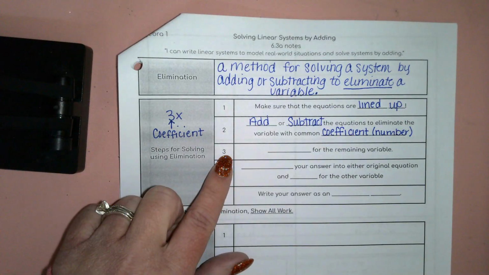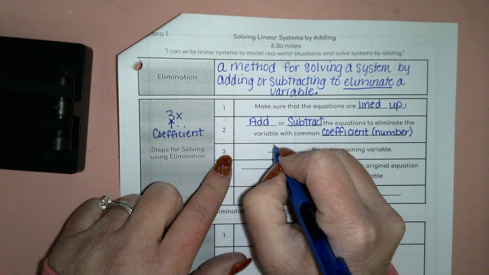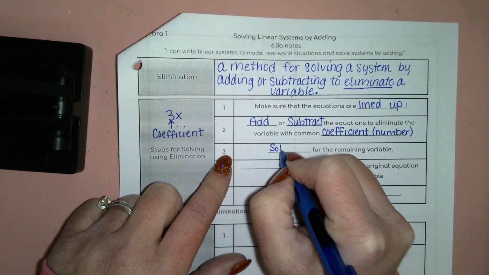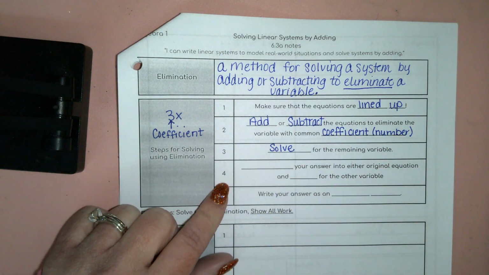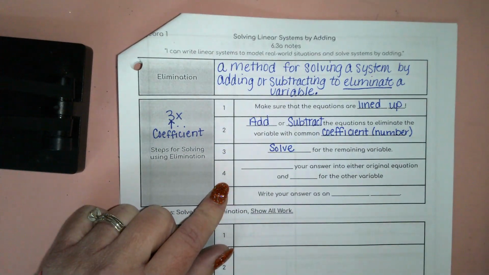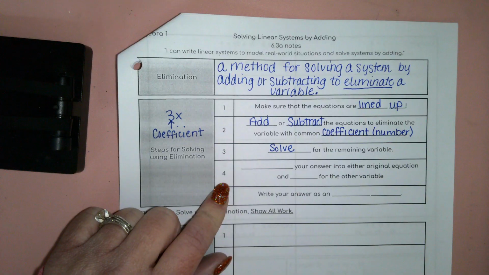Step 3 is to solve for the remaining variable. Step 4, we're going to use that substitution process like we did on substitution.